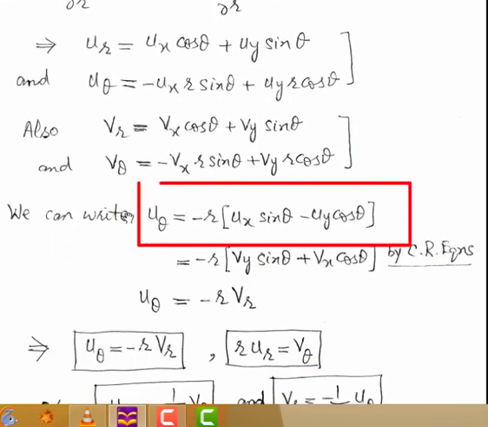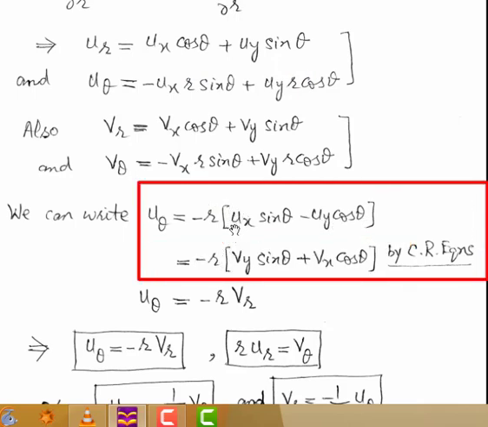We can write u theta equals minus r into (ux sin theta minus uy cos theta). Actually, in the expression of u theta, r is common from these two terms. So taking r common from these two terms with negative sign, we can write minus r (ux sin theta minus uy cos theta).